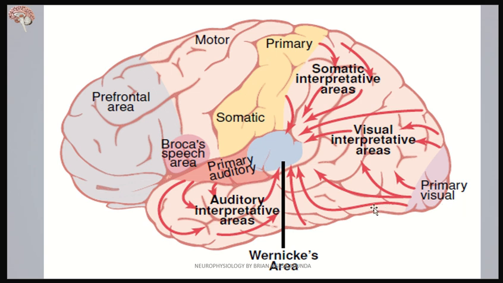The primary visual area is the same, supplying this, and also the somatosensory area supplies the Wernicke's. So by the time Wernicke's is receiving an impulse, it is reaching it in regard to somatosensory, visual, and auditory aspects.